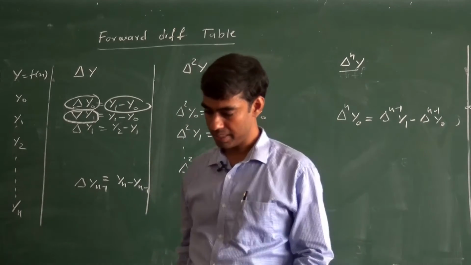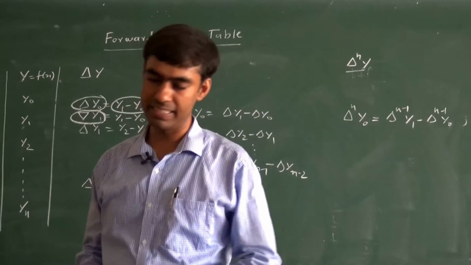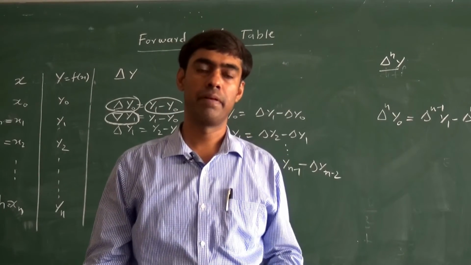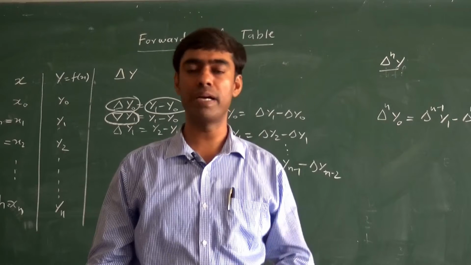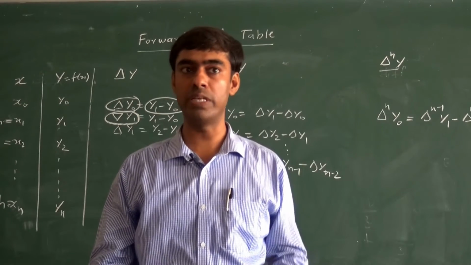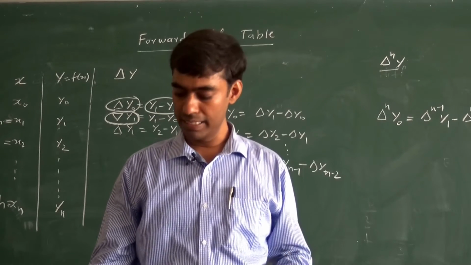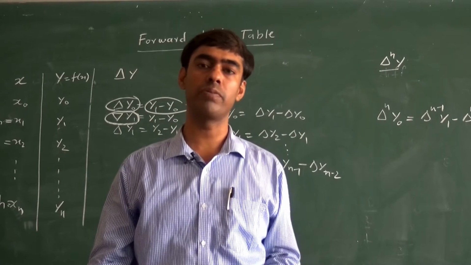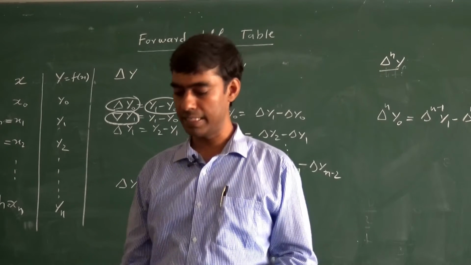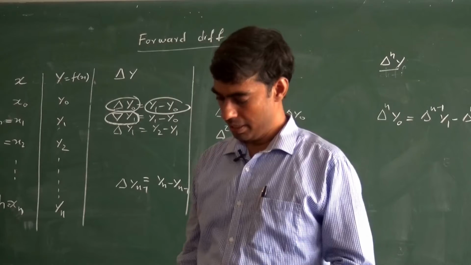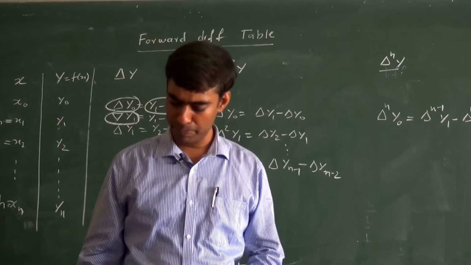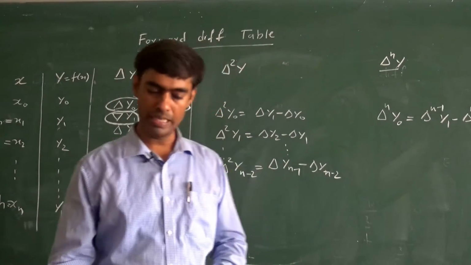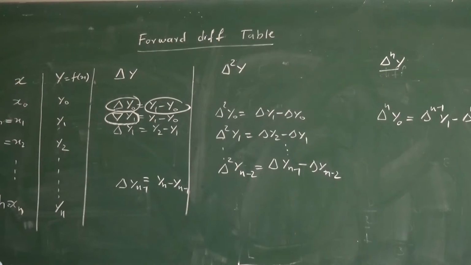So once again, I repeat this statement: there is nothing else different between forward difference table and backward difference table in terms of calculation, but in terms of notation there is a difference. So let's take a simple example and explain how we find our difference table.